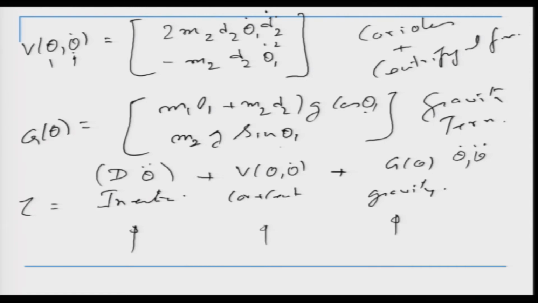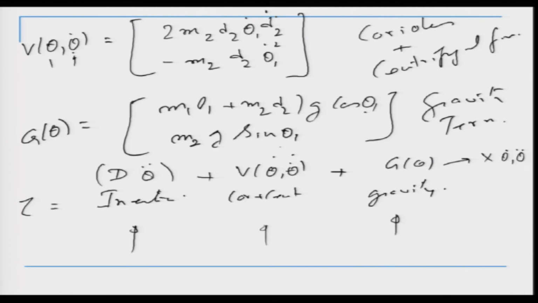That means gravity loading will be there irrespective of how fast or how slow the system is moving, or whether it is moving at all. Coriolis and centrifugal depend on position and velocities, and the inertia part depends on the acceleration components.